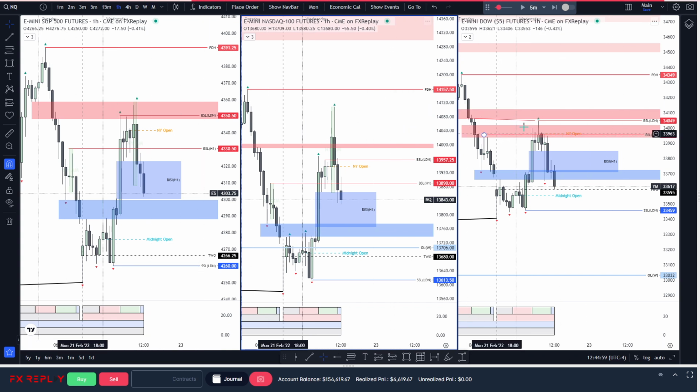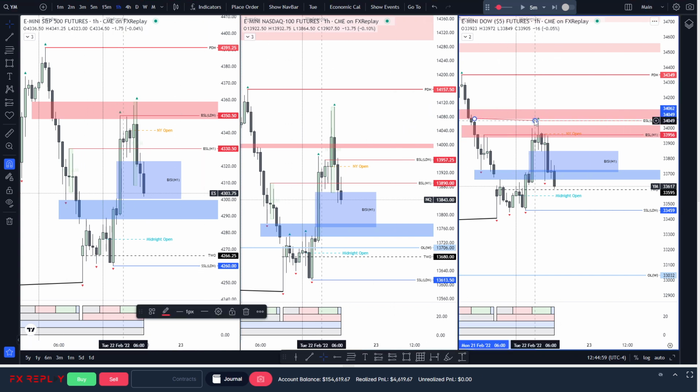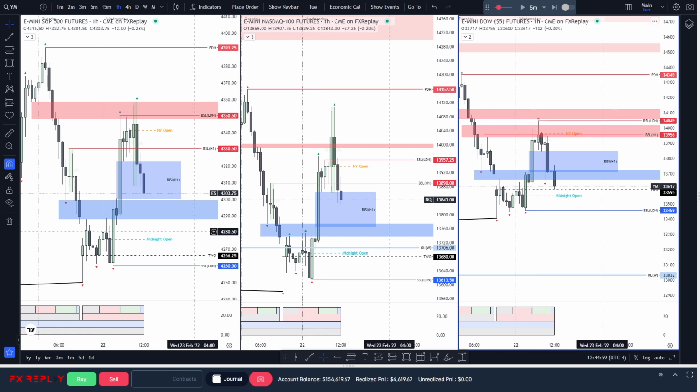There are certain high time frame frameworks that are required to be in place before I can engage in certain setups. There are certain specific criteria. Those were not at play, and therefore it's not for me to engage.